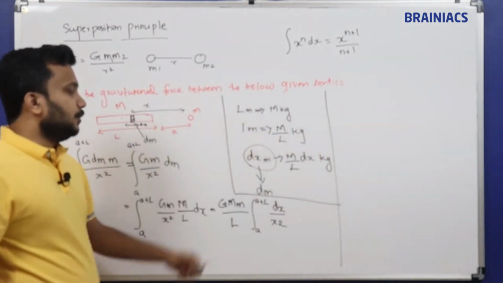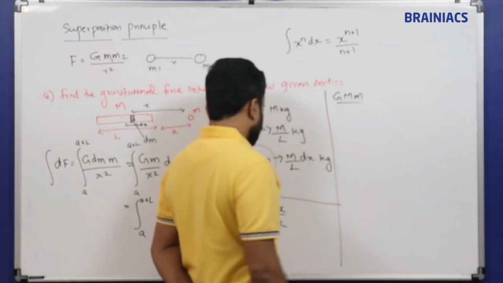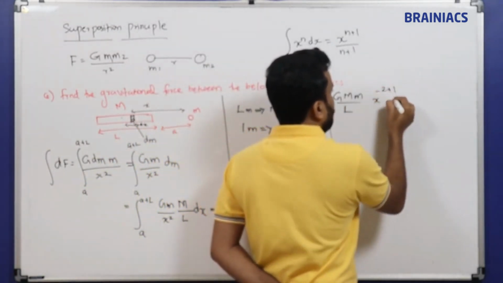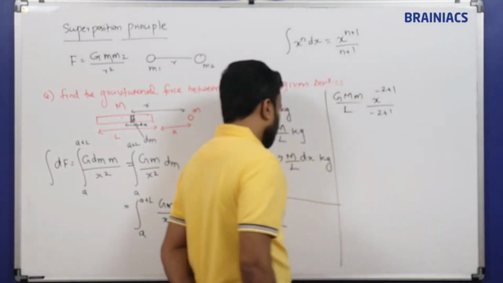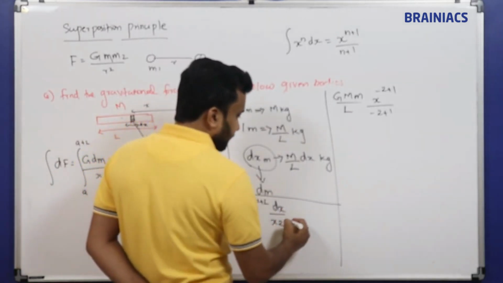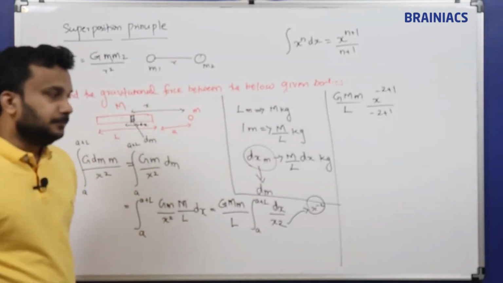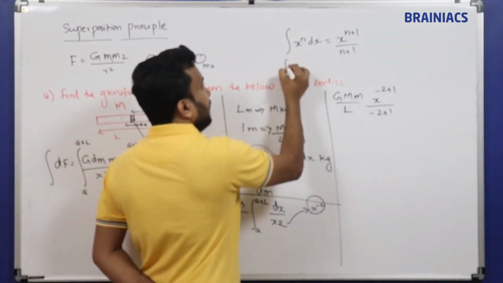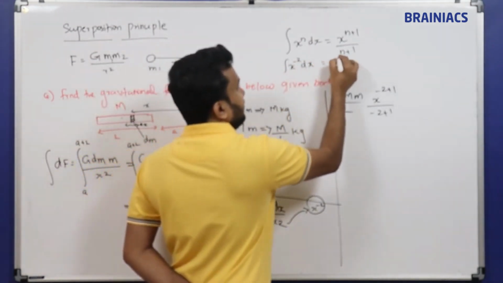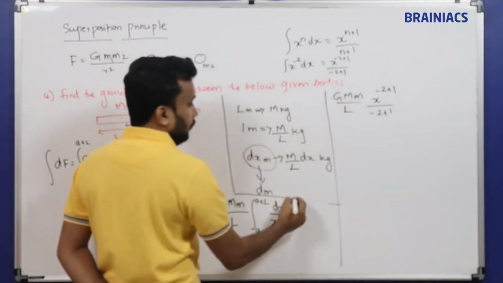So in our case we write G M m divided by L into x power minus 2 plus 1 divided by minus 2 plus 1.